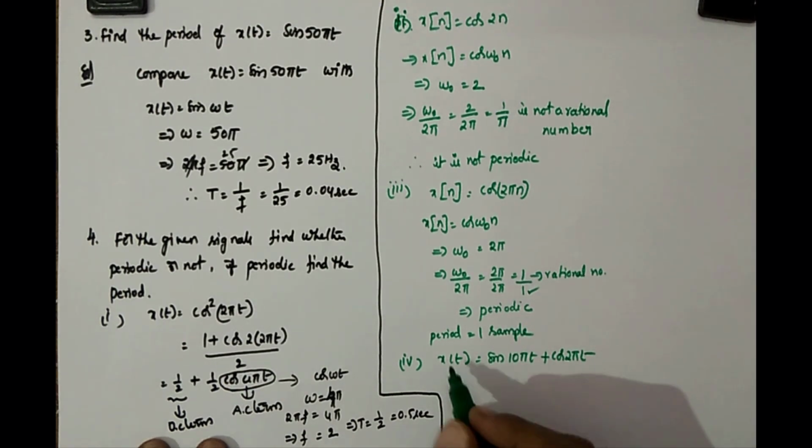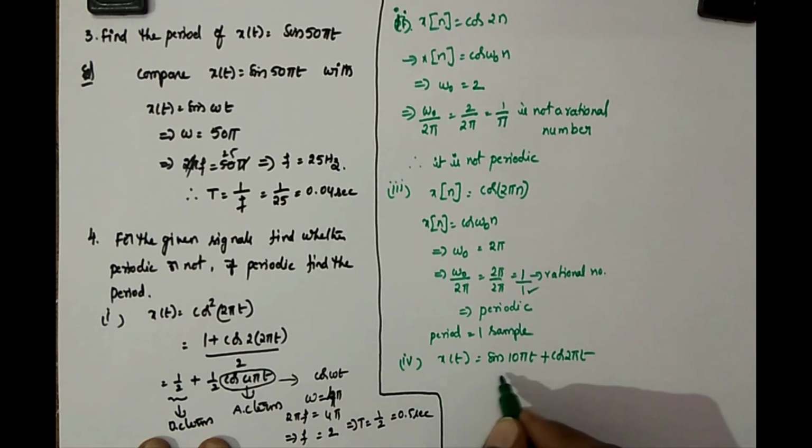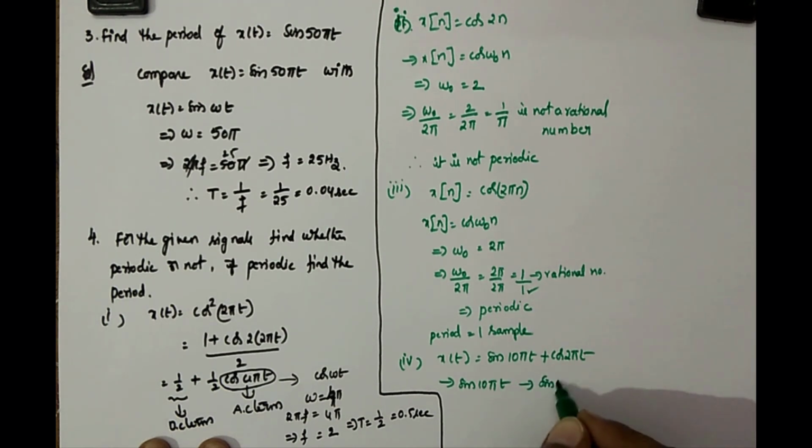Just take two terms, sine 10 pi t, and compare it with our normal expression sine omega t. So omega is equal to 10 pi.